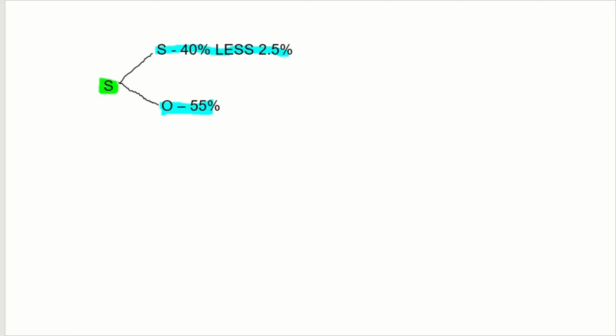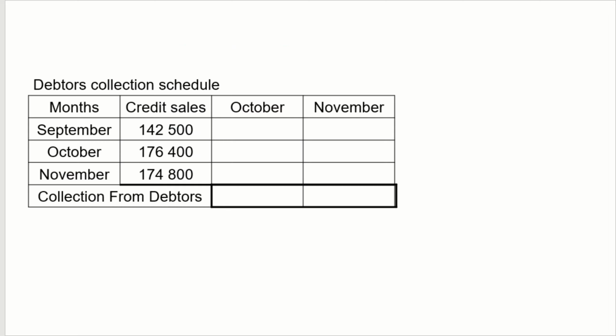All right. So now remember, after doing these, what you then do, you go on to your answer book to actually check which months correspond with the tree you did. All right. So in this case, we're preparing for the month of October and also for November.